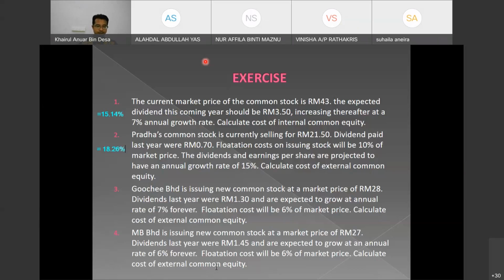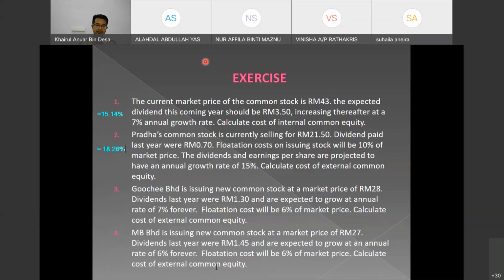Please include this, because here you can see the dividend paid last year. The keyword here is dividend paid last year, so you have to modify the D1 a bit. You can see Siwi and Susan's answer here.